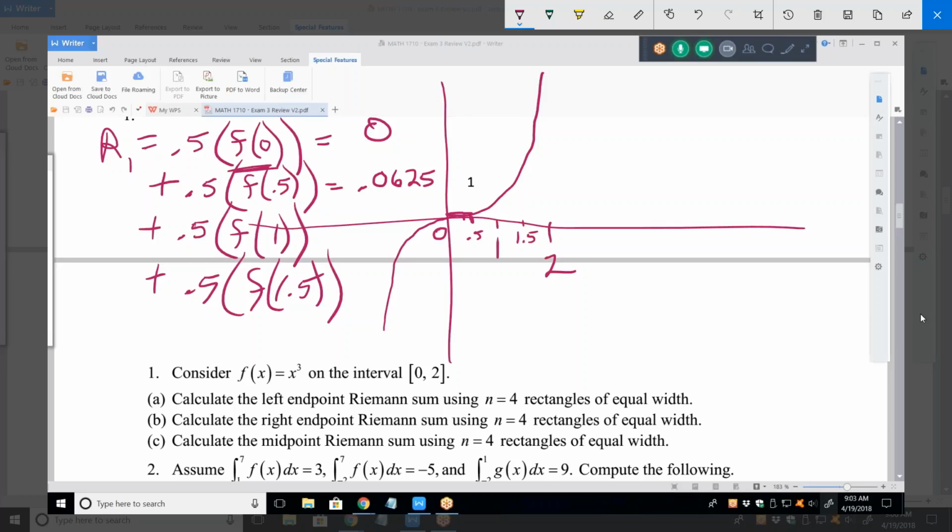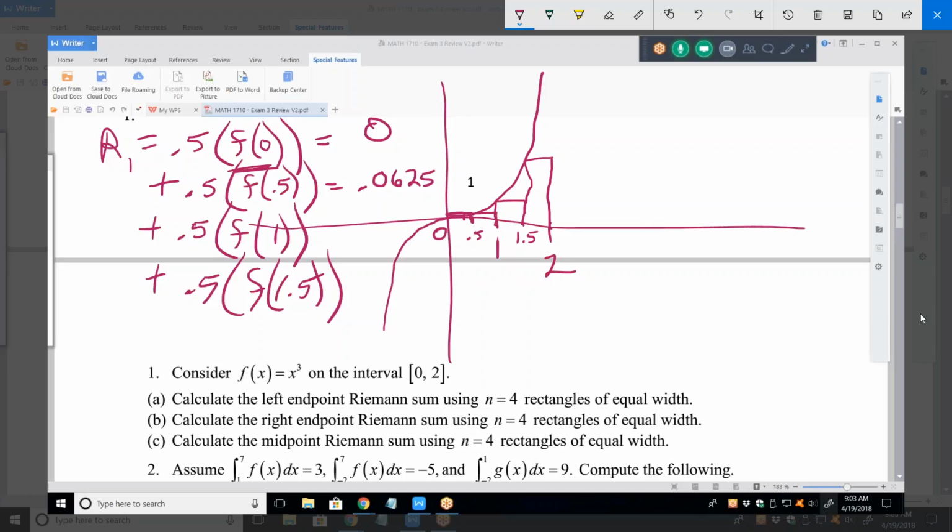Do we need to do the arithmetic? No, okay, good. This can sometimes get confusing, especially when that left one is 0. But that's the left-hand rectangular sum, left endpoint. I'll let you do the arithmetic and figure it all out.